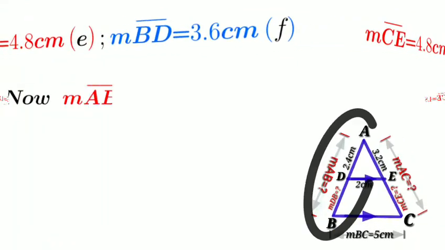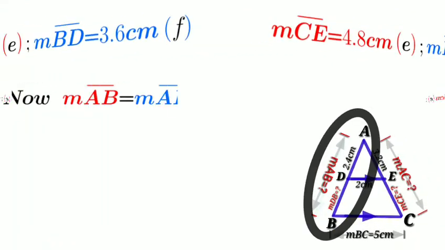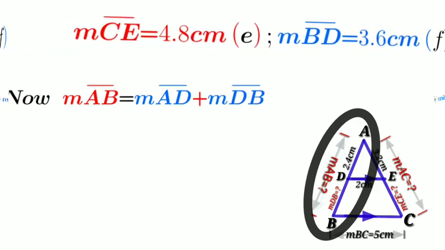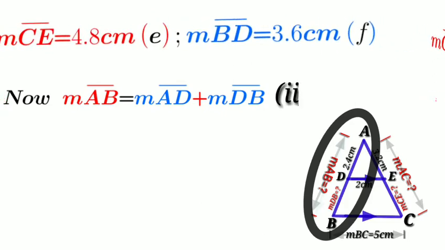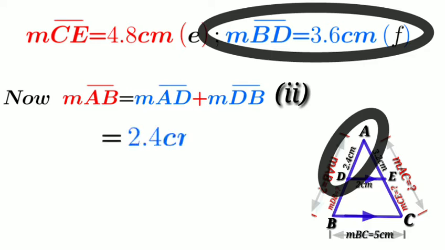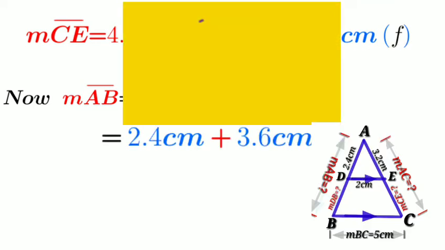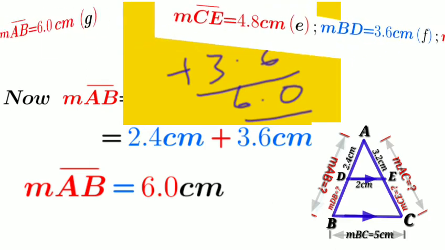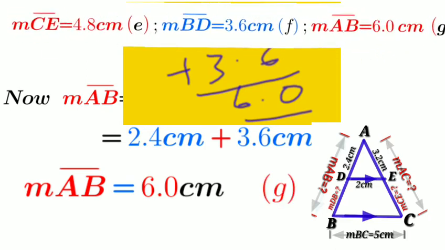Now side AB is equal to side AD plus side DB, which is equation 2. On putting the value of side AD and side DB, the sum of 2.4 and 3.6 is equal to 6. So the value of side AB becomes 6 centimeter.